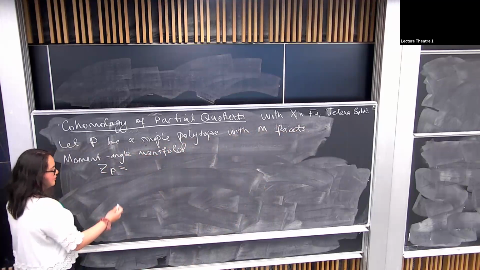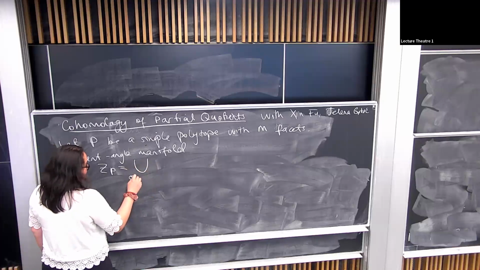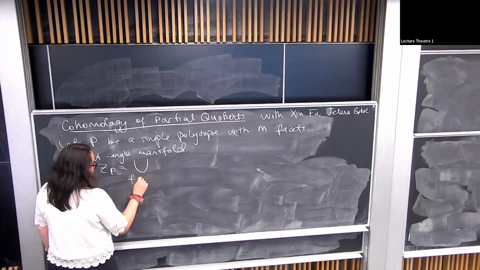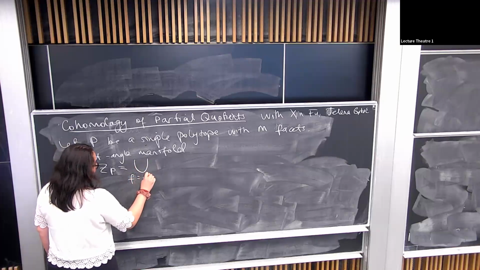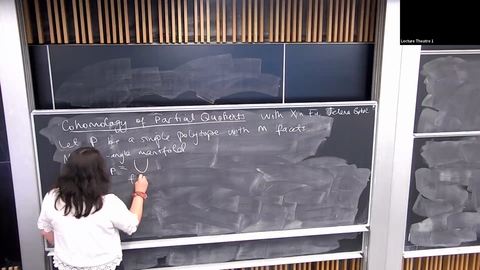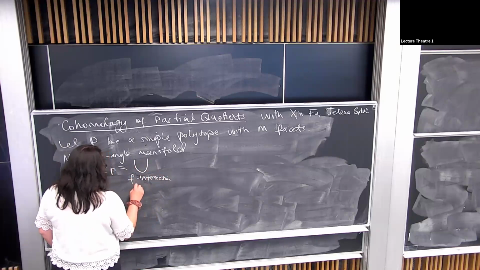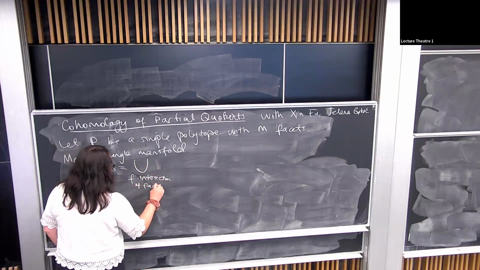It looks like our normal definition. We take a union over all possible faces F, which is an intersection of a number of facets.